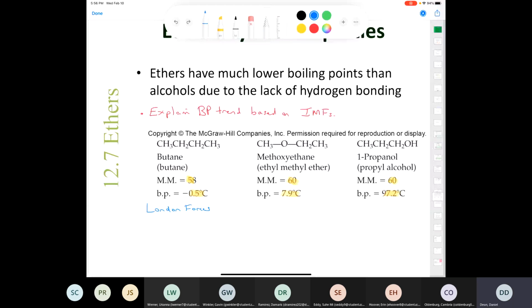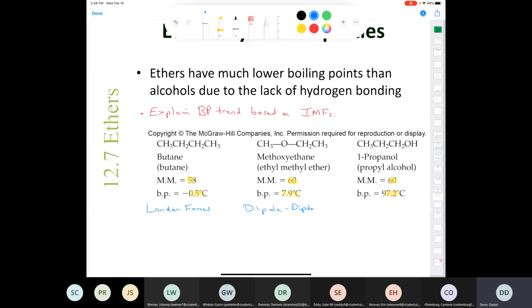What would be the major intermolecular forces experienced between molecules that have dipoles? It would be dipole forces. Thanks, Sunmi. All right.